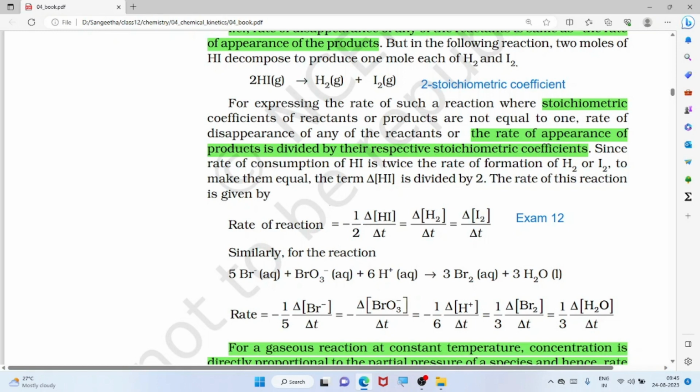For expressing the rate of a reaction in which the stoichiometric coefficients are not equal to 1, we have to divide by that stoichiometric coefficient. Here 1 by 2, like this, is the rate of the reaction. We have to convert this reaction to the rate like this.